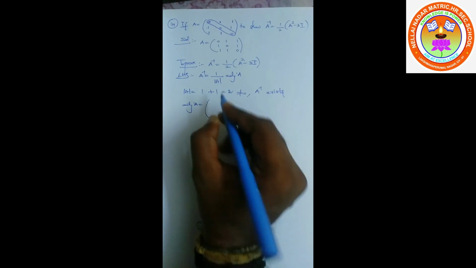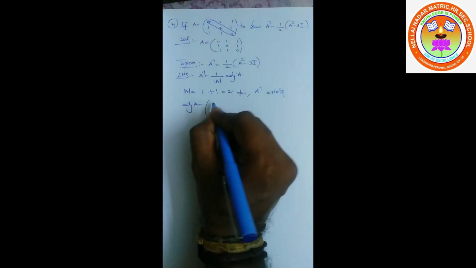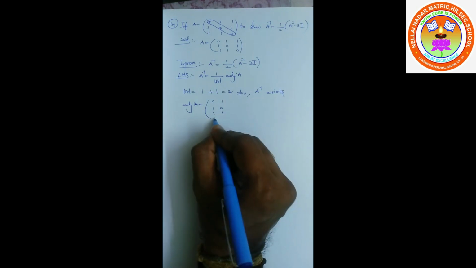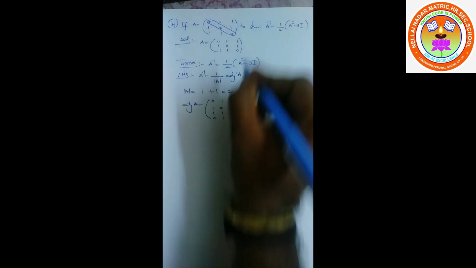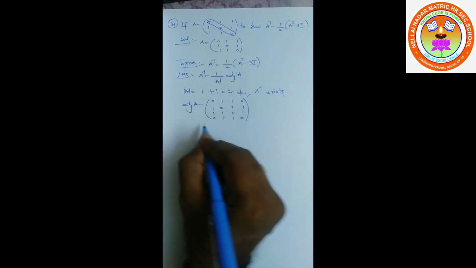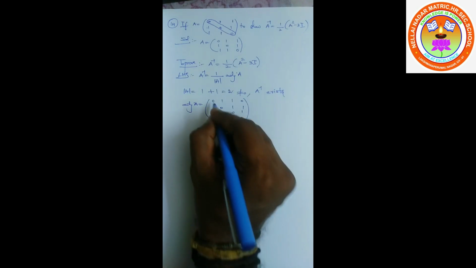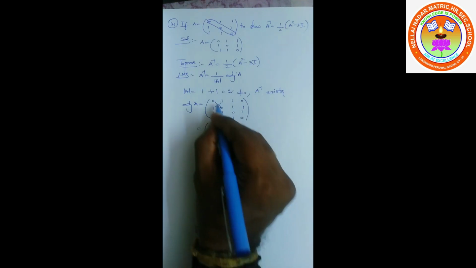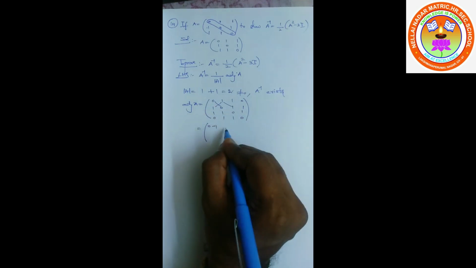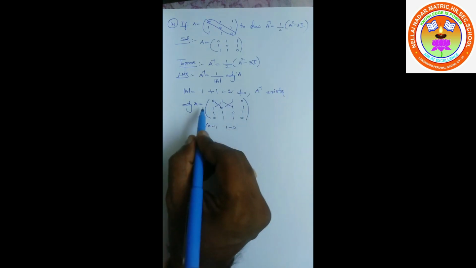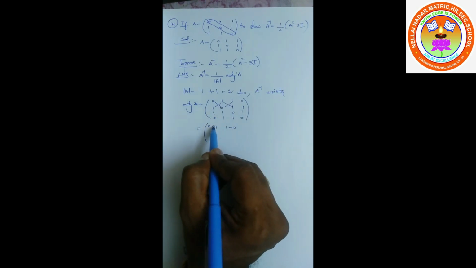Next I need to find the adjoint of A. Adjoint of A is 0 1 1, 1 0 1, 1 1 0, repeated. So the adjoint of A's answer is going to be: 0 into 0 is 0, minus 1 into 1 is 1. 0 into 0, 1 into 1 is 1. 1 into 1 is 1, always minus, 0 into 1 is 0.